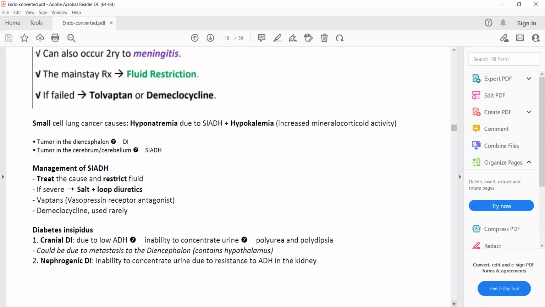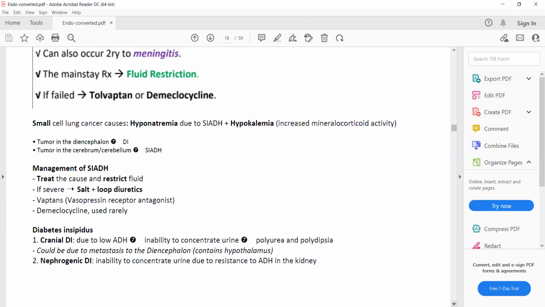The initial management of SIADH, because there is excessive water reabsorption, is to restrict the fluids, and also as there is dilutional hyponatremia, salt can also be given, and to remove excess water from the body, loop diuretics can also be tried.